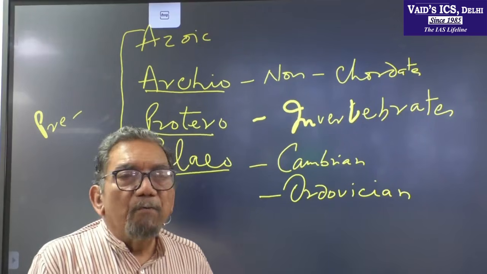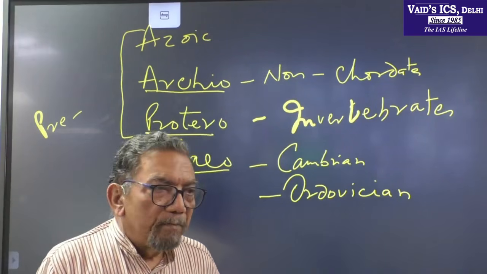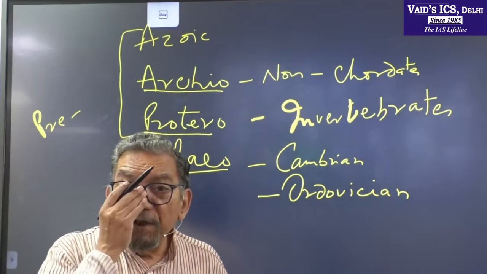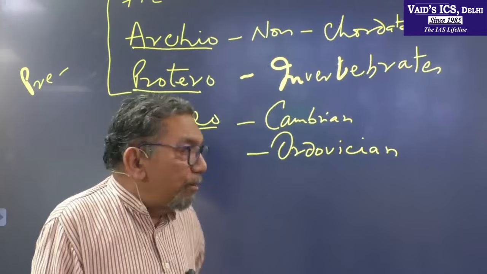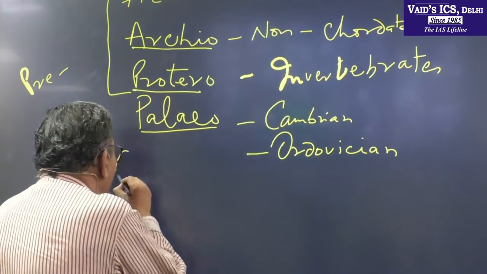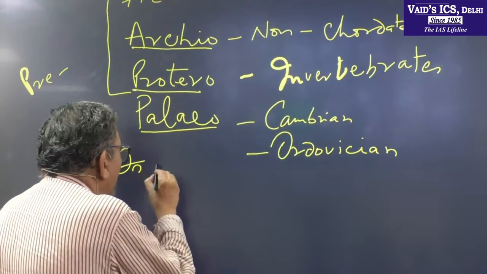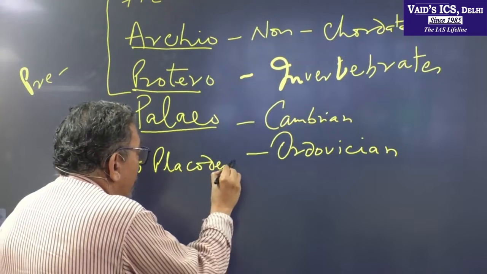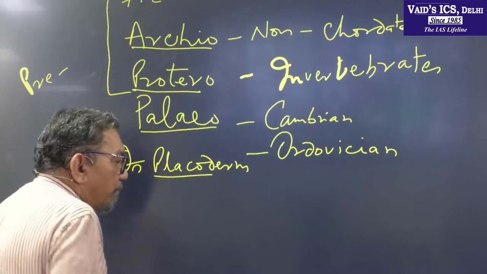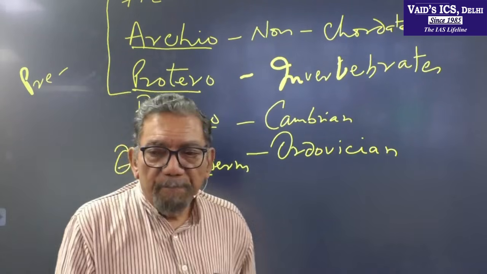During this time evolved fish. But these fish were invertebrates, they didn't have bone. You call them placoderms. They had scales which are called placoid scales.